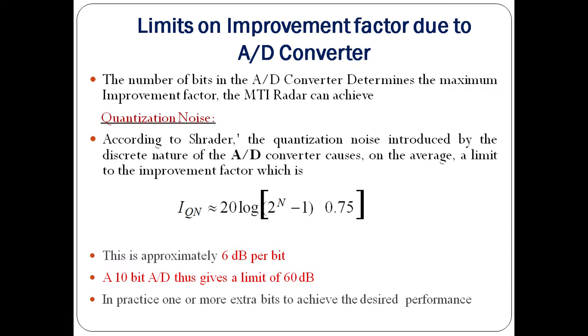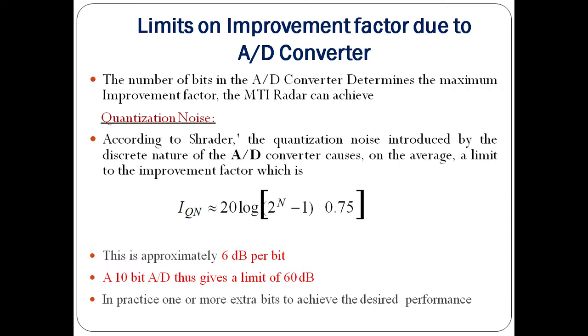Improvement factor is equal to the product of clutter attenuation and the average gain of the DLC. And quantization noise is one of the major issues of A to D conversion during the quantization process.